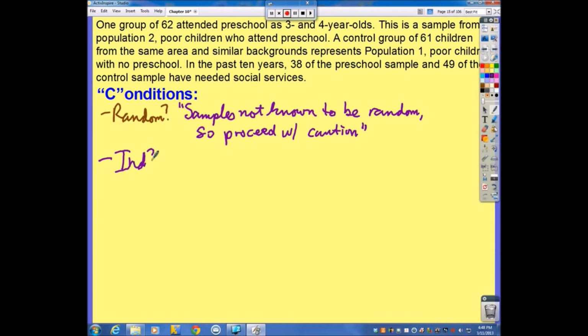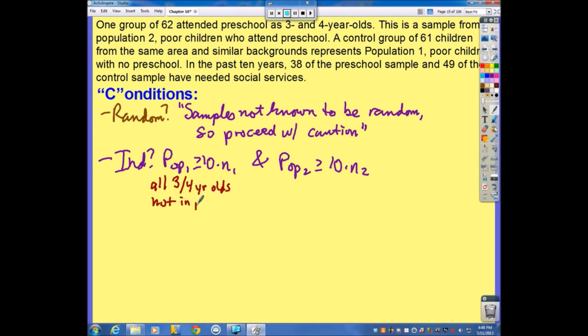Number 2, independent. Population 1 is at least 10 times our sample size, and population 2 is at least 10 times that sample size. So population 1 would be all 3 and 4-year-olds not in pre-K.